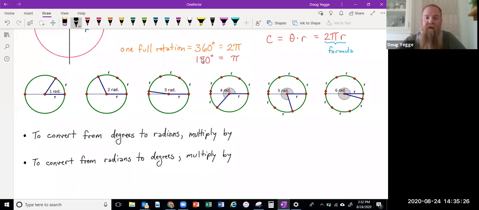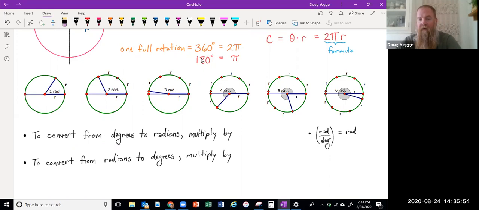So let's say that we want to convert from degrees to radians, okay? That would mean that we start with degrees and we want to equal radians. So we should be able to multiply by something that's going to give me radians and cancel degrees, so that the degrees cancels from the numerator and denominator.